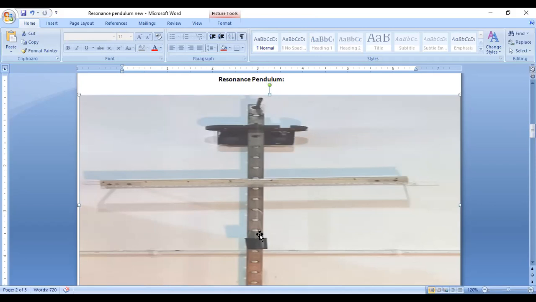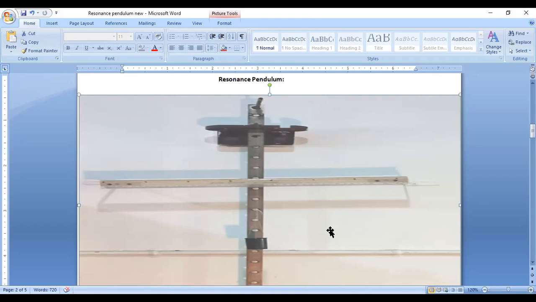You can change the length. You can keep the desired length. Suppose you want to keep L equal to L1. You can wind the thread along this horizontal axis, along the fixed axis, and you can vary the length. And once you can vary the length, you can do this experiment for various lengths of simple pendulum.